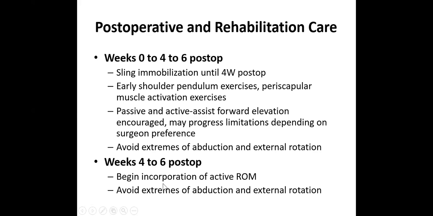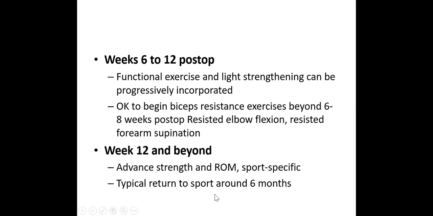In the second phase, range of motion should be started, and again in this phase the therapy should be very careful, and extreme abduction should be avoided. In the third phase, from 6 to 12 weeks post-op, functional exercises and light strengthening can be progressively incorporated.